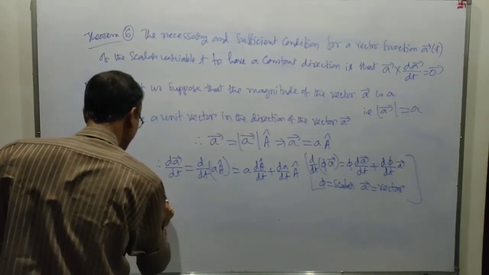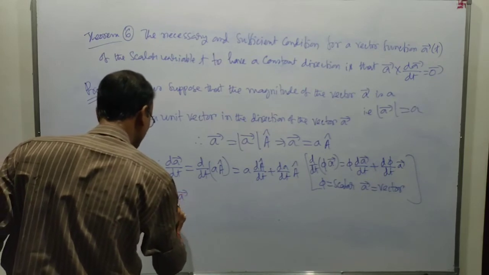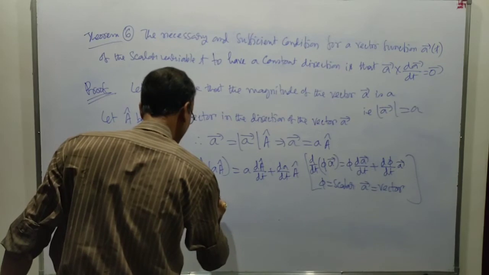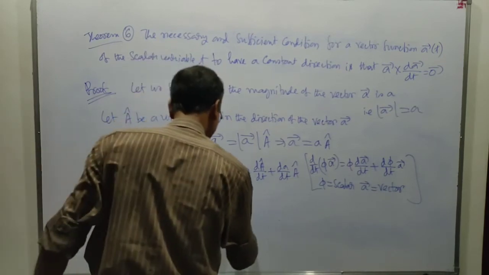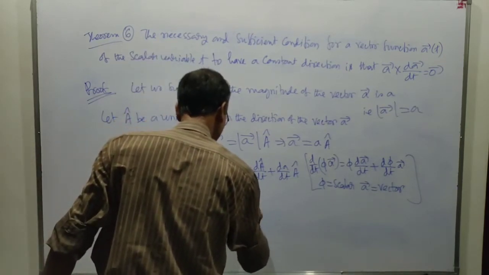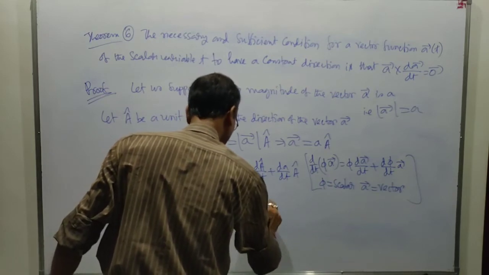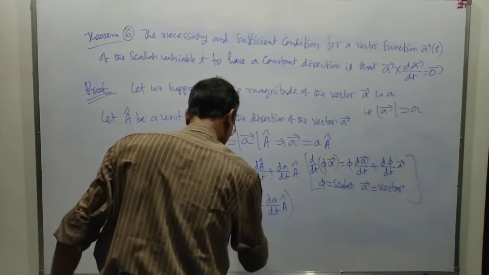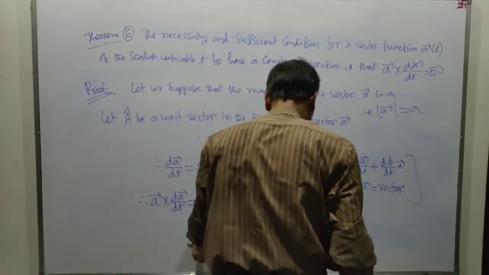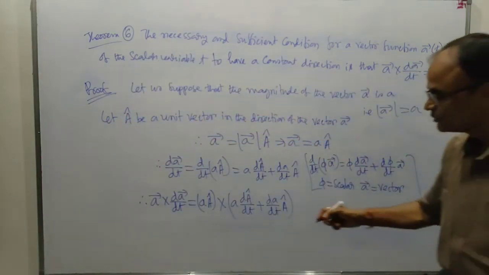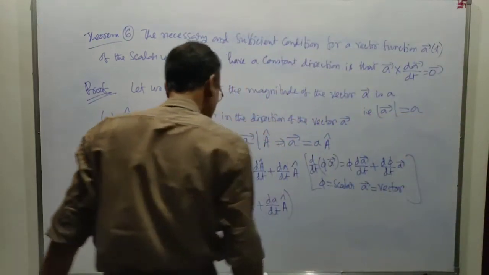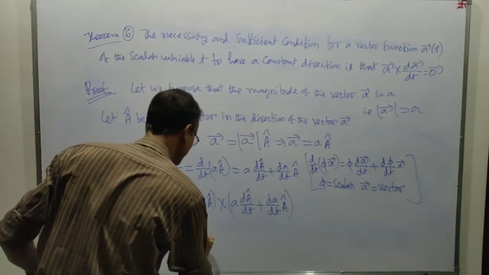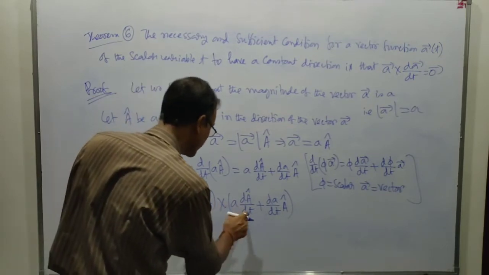Therefore, A vector cross dA vector by dt is equal to A cap cross the derivative of (A A cap) by dt, that is, A cap cross (A dA cap by dt plus dA by dt A cap). You may write like this. This is the cross product of two vectors. Now you multiply this into this.